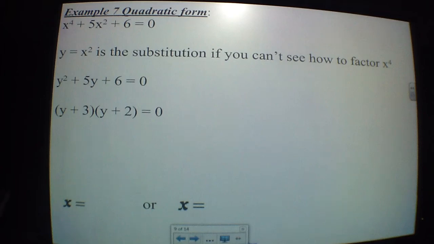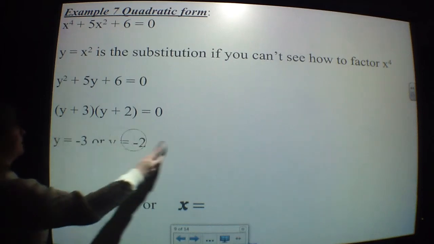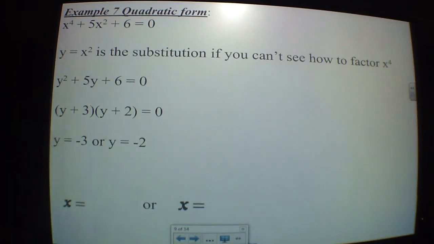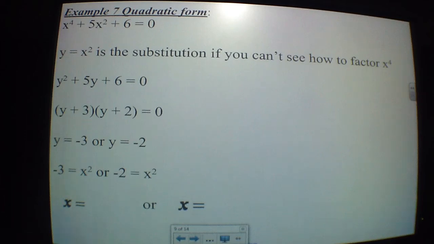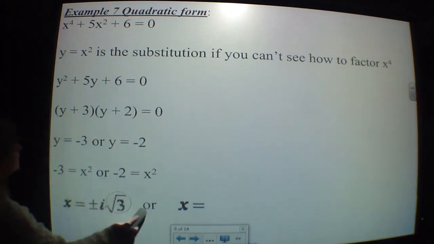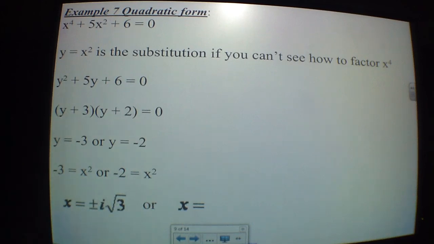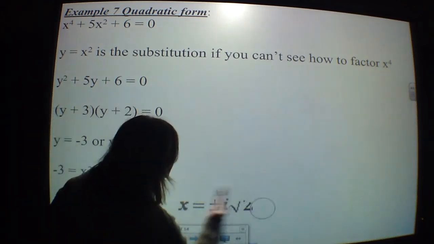So y is equal to negative 3, negative 2. But I don't want y, I want x. So do a substitution back in, y is x squared. So x squared is equal to negative 3, or x squared is equal to negative 2. And then solve those. Take the square root of each side, so you have plus or minus i radical 3, plus or minus i radical 2.